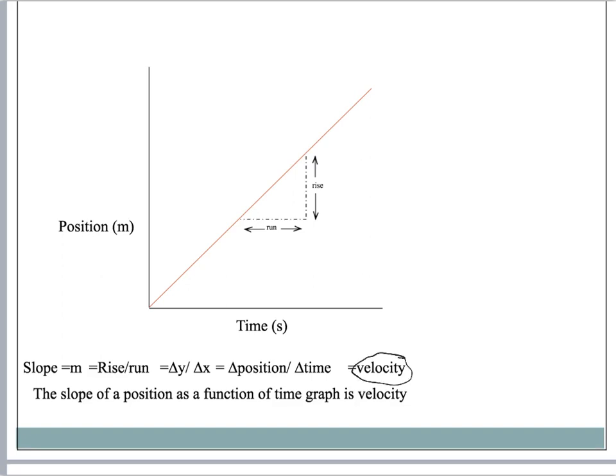We know that velocity is the change in position over the change in time. And if you read it from left to right, we know that the slope of a graph, which is abbreviated with the letter m, is the rise over the run.